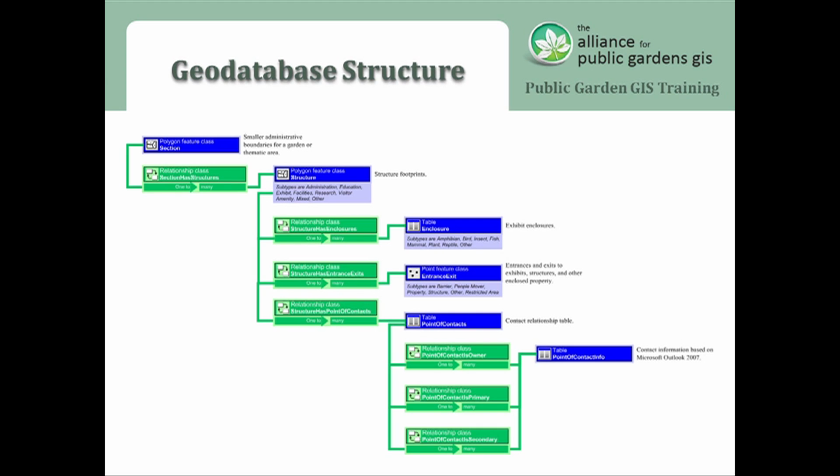You'll also see that a structure has another relationship under it. It says structure has entrance and exits. This is also a one-to-many relationship, meaning that a structure can have zero or one or many exits and entrances associated with it. These are really handy for doing routing.